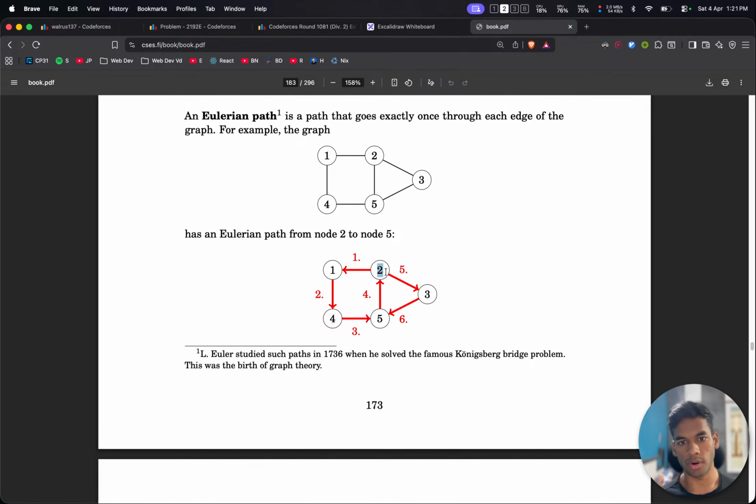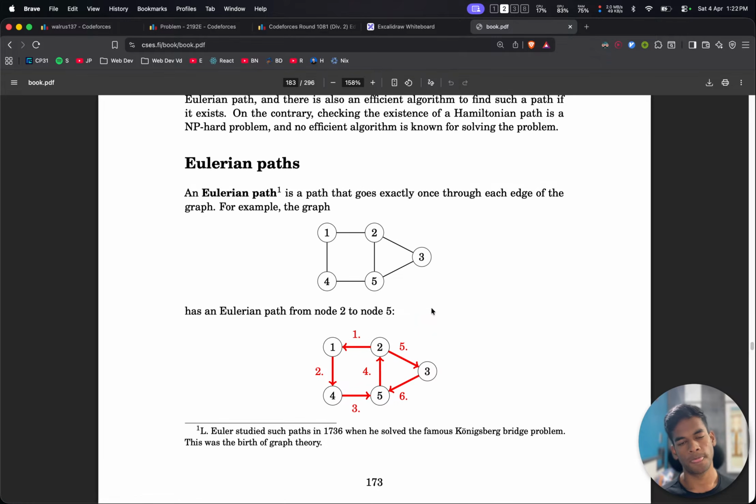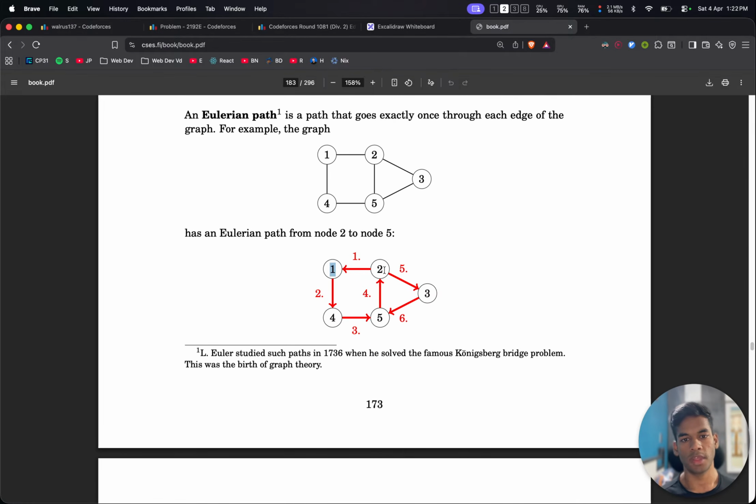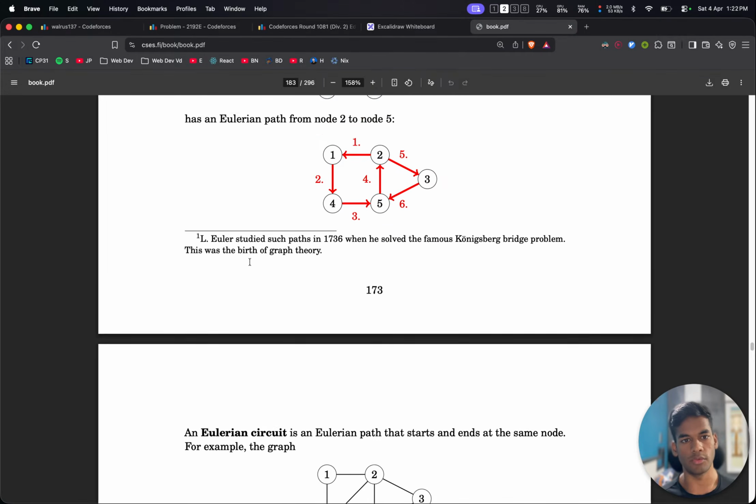We go from 2 to 1 to 4 to 5 to 2 to 3 to 5, and we covered all the edges exactly once. Cool.